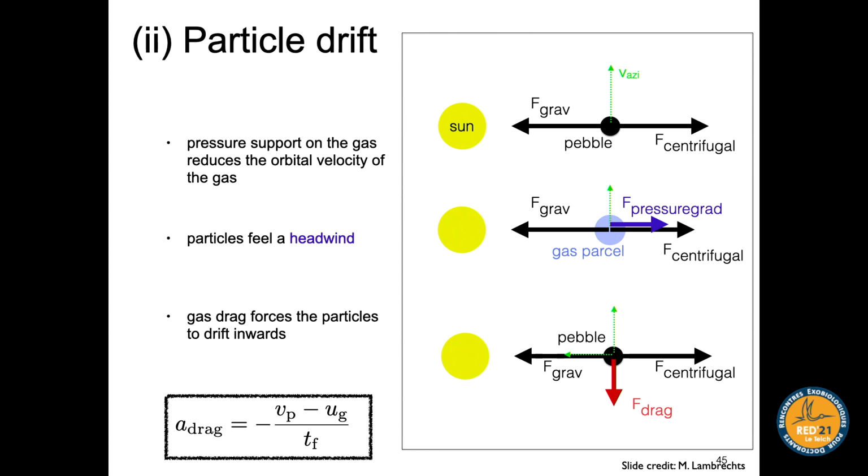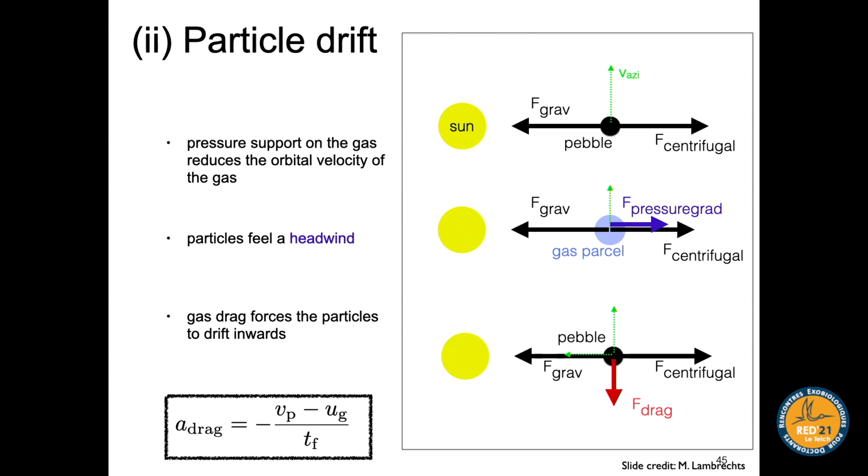The idea, as I was mentioning before, is that gas orbits at a certain speed. It's following a gravitational path, but it has an extra pressure support because gas closer to the star is a little hotter, and so it pushes outward a little bit on the next little bit of gas.